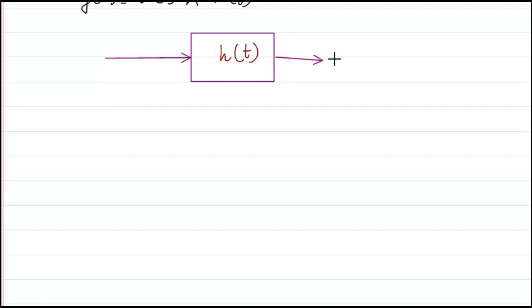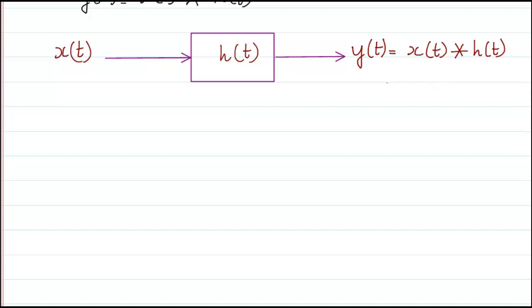If a system has the function h of t, and we give an input signal x of t, the output y of t can be written as the convolution of x of t with h of t, which is not multiplication, it is convolution.